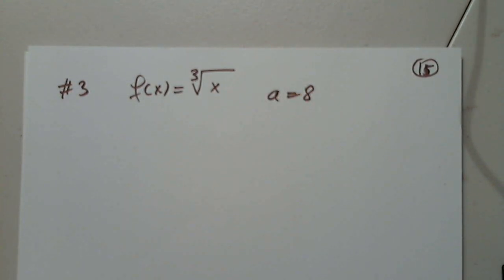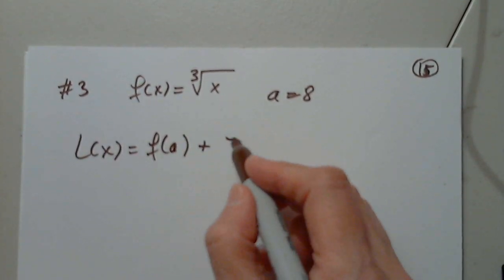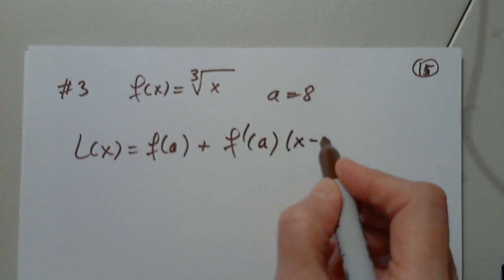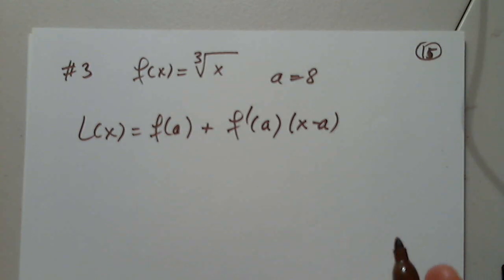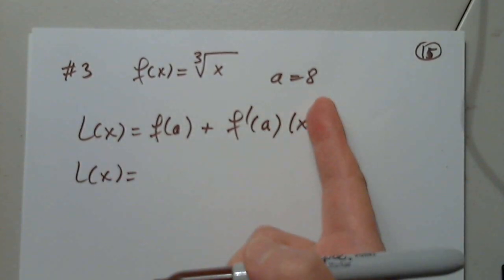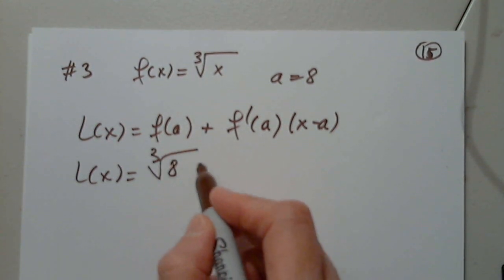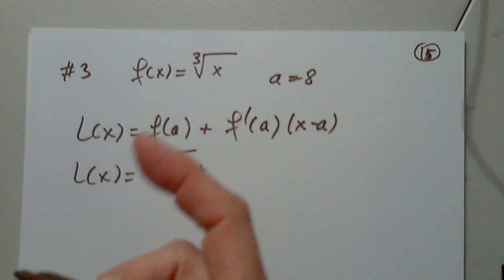Okay, so they want us to find the linearization. That's fine. So I know the linearization is f of a plus f prime of a, x minus a. All I have to do is plug it in. So L of x equals f of a, which is the cube root of 8, plus f prime of a. I'll calculate it here on the side.